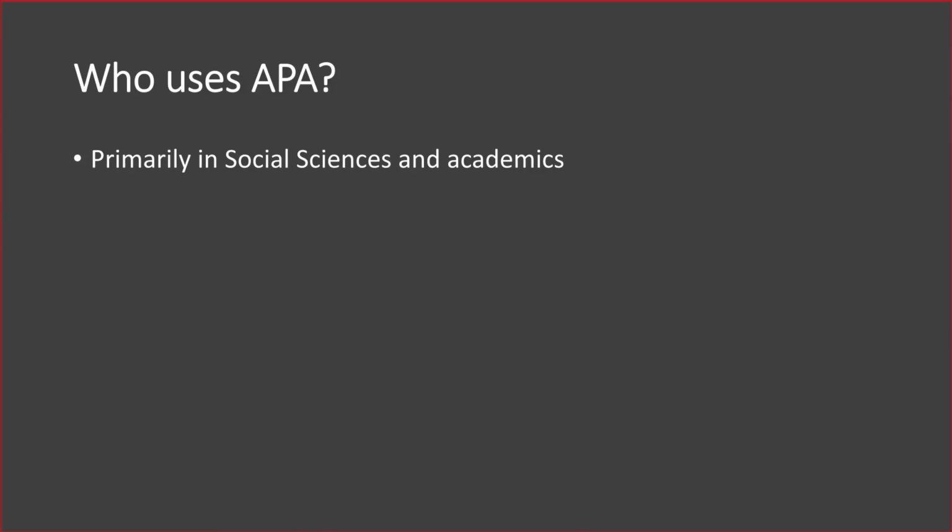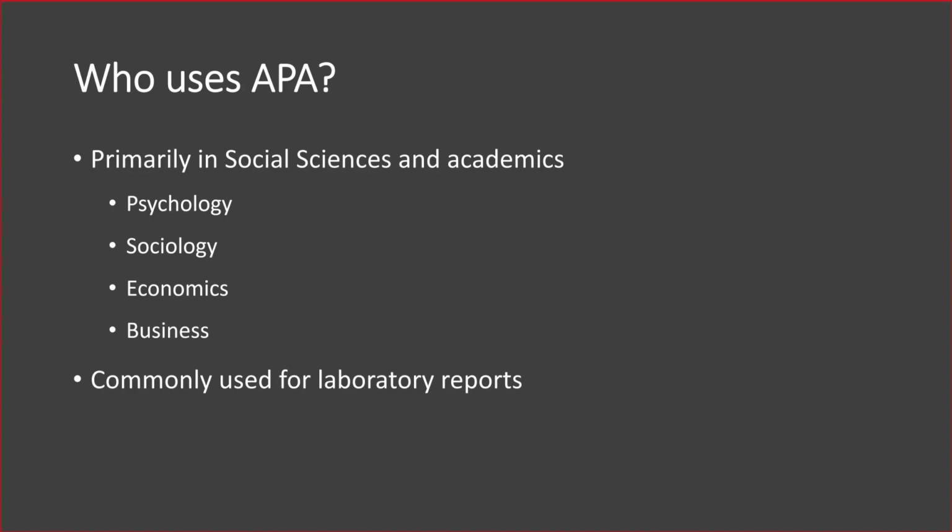APA is primarily used in social sciences and academics. APA actually stands for the American Psychological Association, so it's made by psychologists for psychologists. As such, it's used most commonly in psychology. It's also used in sociology, economics, and business. It's also commonly used for laboratory reports.